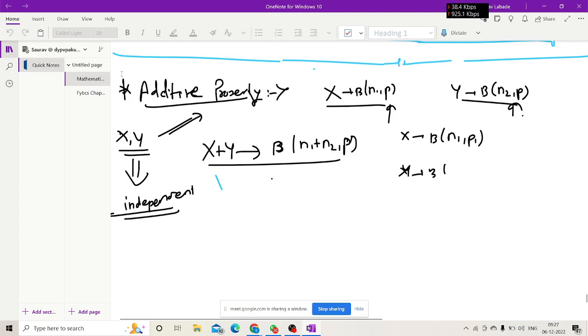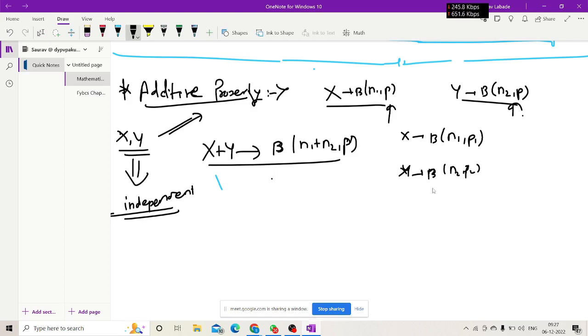If this condition is there, then it will not hold. Then x plus y should not be equal to binomial n1 plus n2, p1 plus p2. So that is not correct. The condition is that both probabilities must be the same. Then only it will hold the additive property.